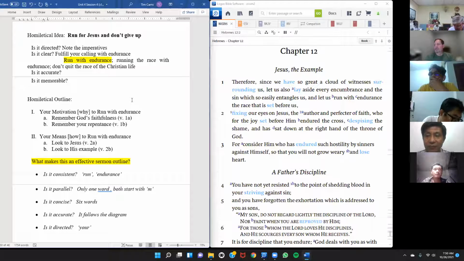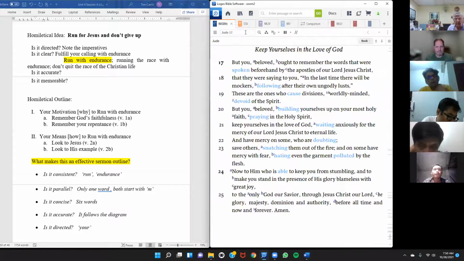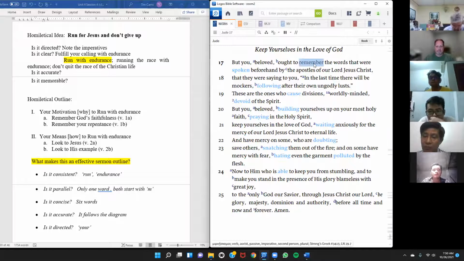What about, Joshua, words that sound similar? Okay. Yeah, I think about today's passage that I did from Jude 17 to 23. Well, there's a pretty good one. In English, you have remember. Yeah, the point from 17 to 19, right? Remember the sayings of the apostles.